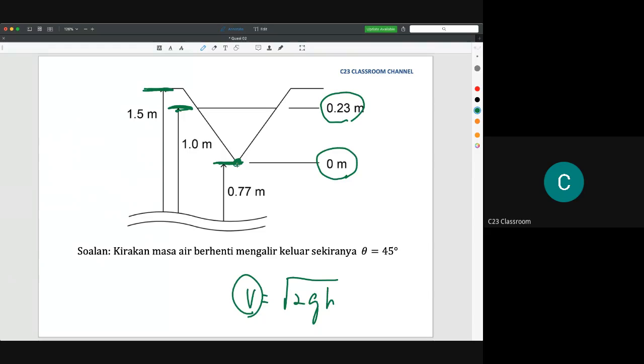In a real situation, the water will not flow out because the water level has reached the bottom of the opening. The velocity is 0 because the height is 0. That's why we take this term as 0 meter, and the water level here is actually 0.23 meters. That's the first reason.